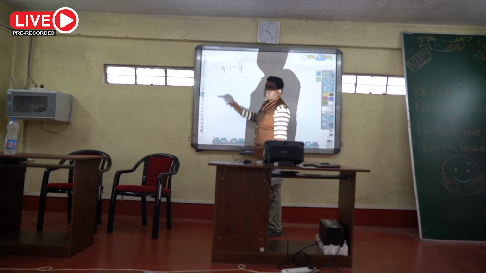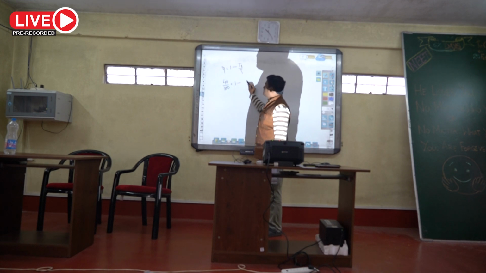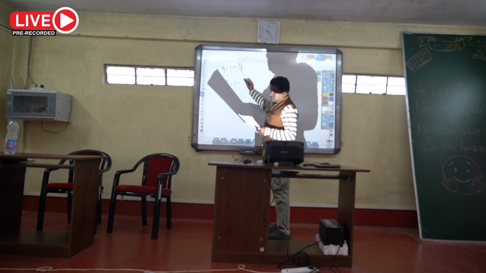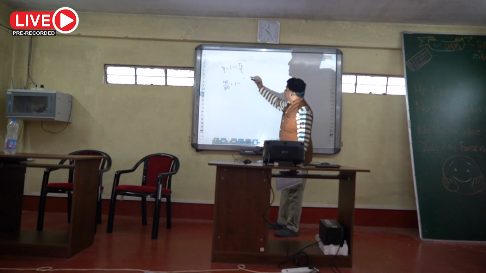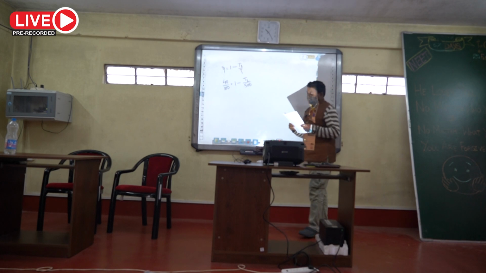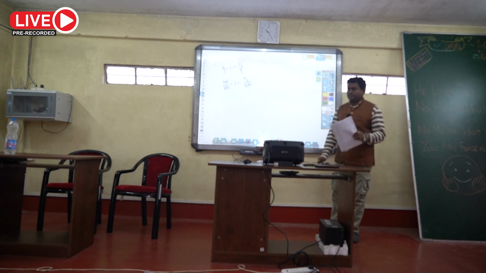In the first case, eta is 40%, that is 40 by 100, equal to 1 minus T2 by 500. Receives heat at 500 Kelvin means the hot reservoir's temperature is 500 Kelvin.